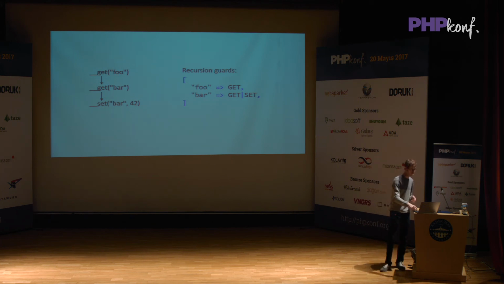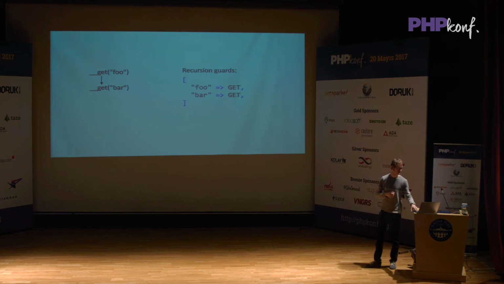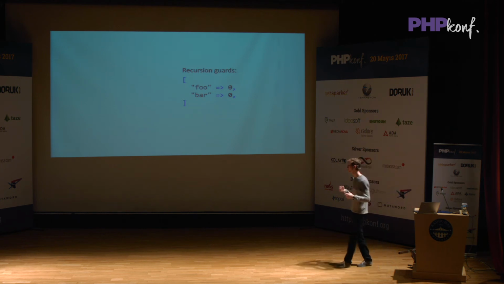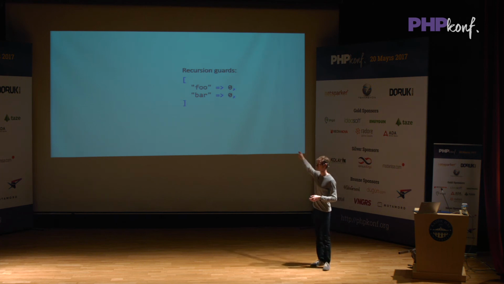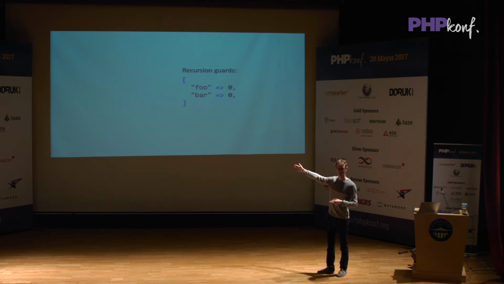So once the set is done, we remove the set bit. And then once the get is done, remove it as well. And then again. So what we have now is, for 2 properties, we're not inside any kind of magic method, but the information is still there.